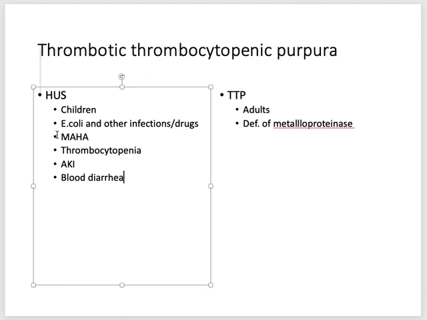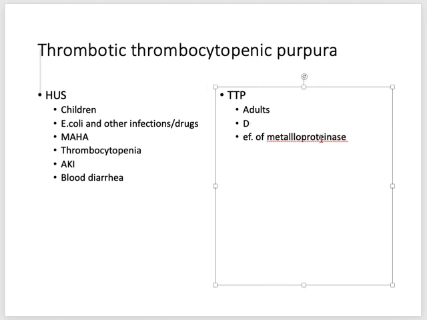Now the thing about TTP you have to know: when von Willebrand factor cannot be broken into small pieces, they will cause the same thing, microangiopathic hemolytic anemia and thrombocytopenia.